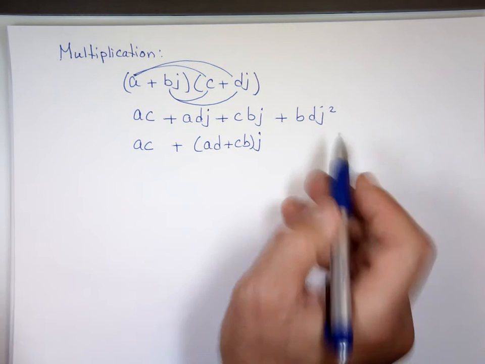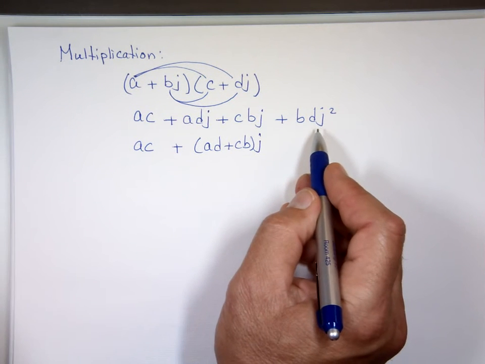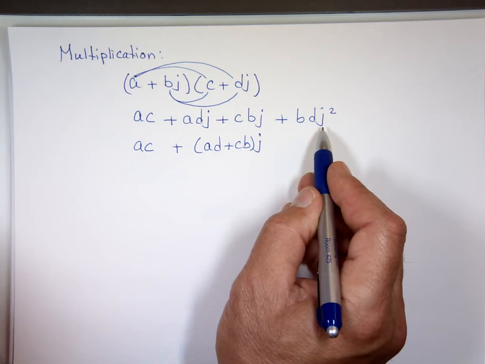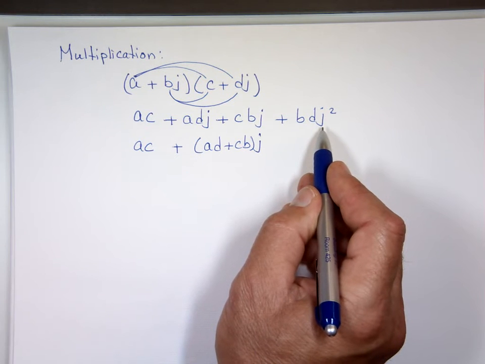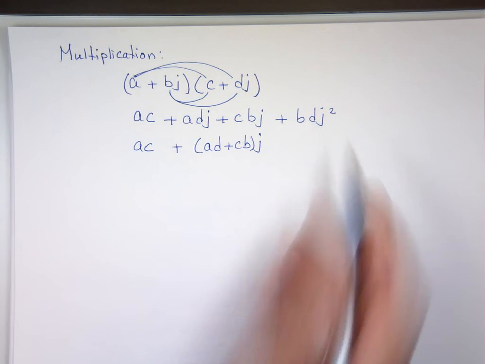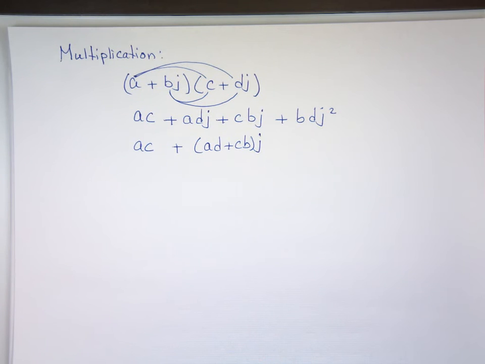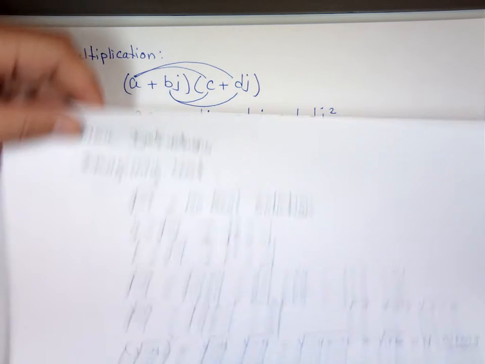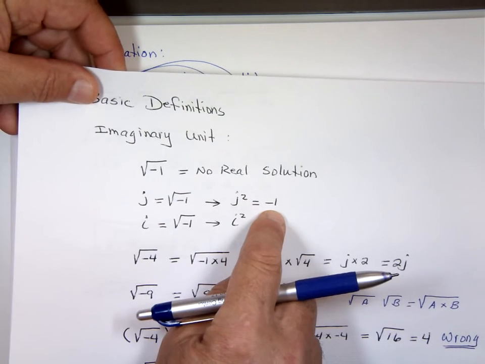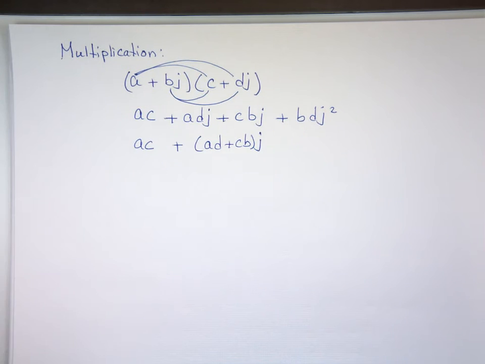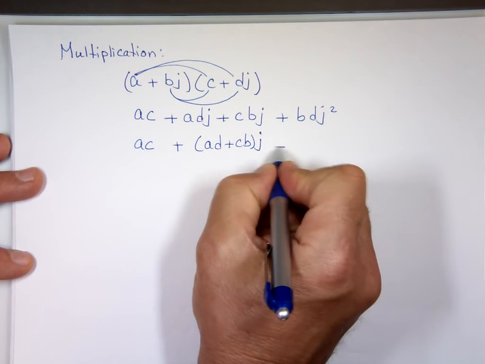But let's look at this. What's J squared equal to? J squared from earlier today was negative 1. So if I let J squared equal negative 1, this will turn into negative BD.